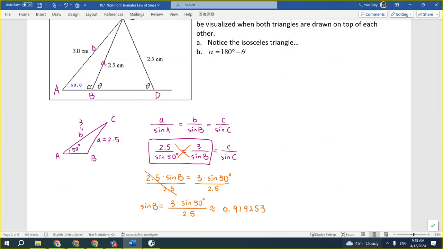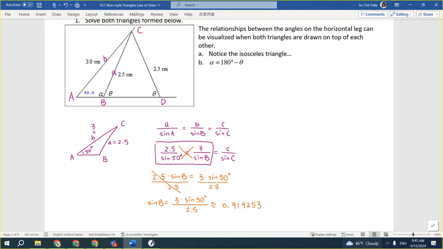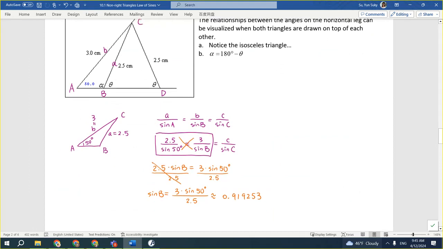Thank you. Right, everybody? So you plug it in your calculator, you get a number. Now to find B, that is the arc-sine of that number. That's why I want you to put more decimals, and then apply arc-sine on it. Your answer will be more accurate. Now give me 4 decimal places.